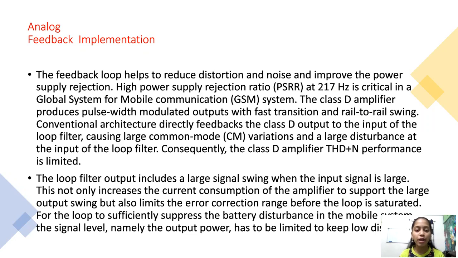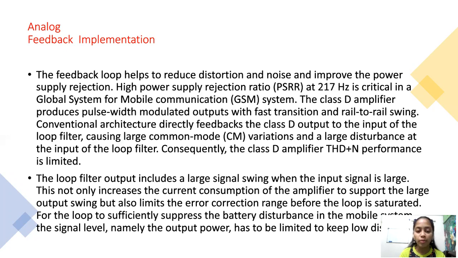The Class D amplifier produces pulse width modulated outputs with fast transitions and rail-to-rail swing. Conventional architecture directly feeds back the Class D output to the input of the loop filter, causing large common mode, CM, variations and a large disturbance at the input of the loop filter. Consequently, the Class D amplifier performance is limited.